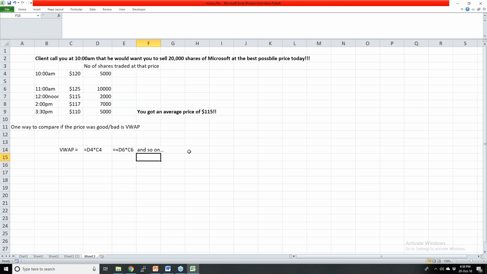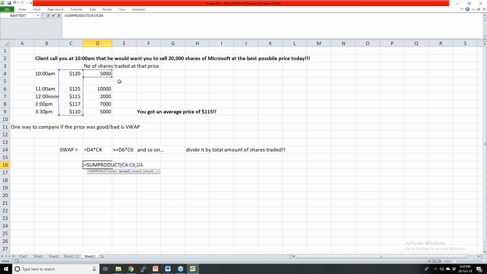And I will divide it by the total amount of shares traded, right? So a simple way of doing it in Excel is sum product.